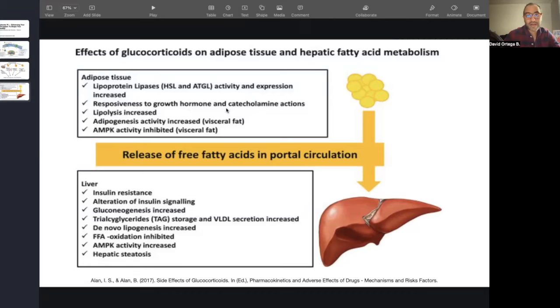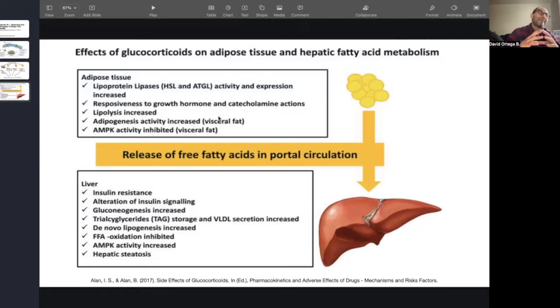Responsiveness to growth hormone and catecholamine actions, dysregulated also. Lipolysis increase. Lipolysis is the use of the lipids, but not the ones that you would like to start using. Adipogenesis activity increase the visceral fat.